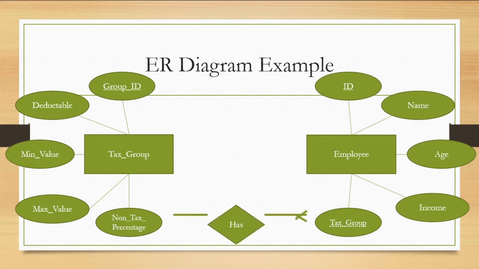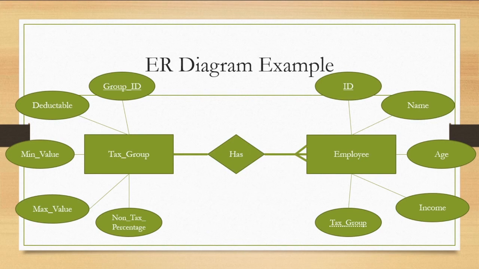Okay, so there's our relationship. Each tax group has many employees, and each employee has a tax group. Please note that sentence is very important. It has to work both ways. So tax group has many employees and a single employee has a tax group.